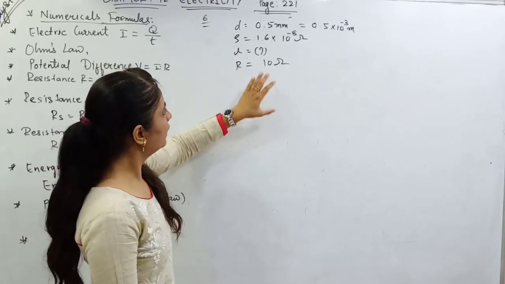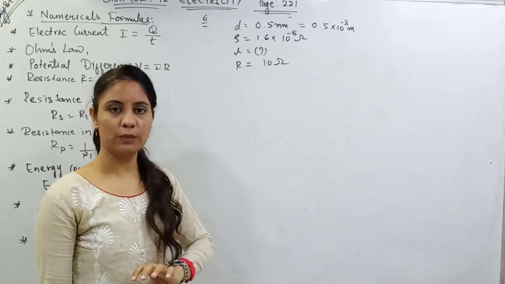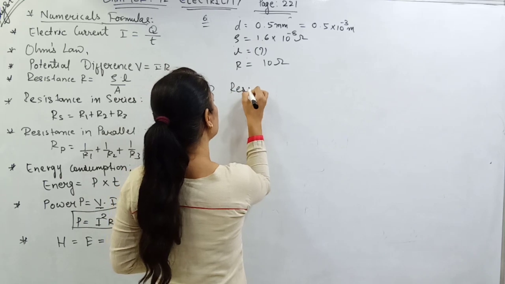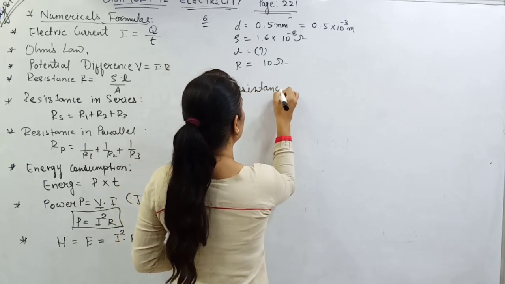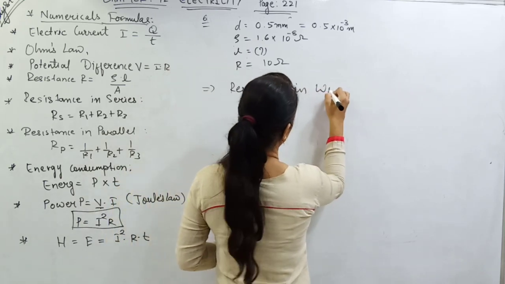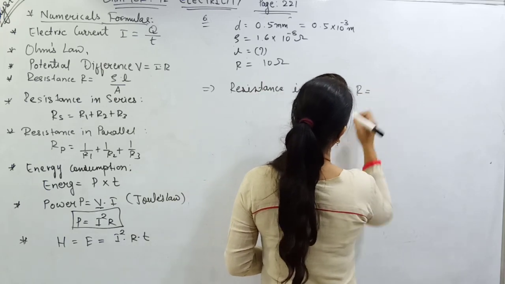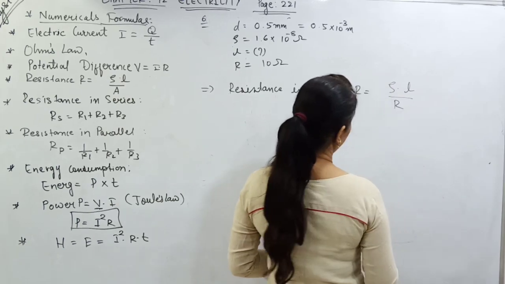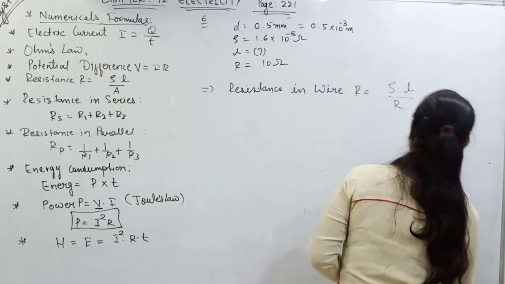Resistance value is 10 ohm, already given in the question. So we have to use the equation to find out the resistance in a wire. R is equal to rho into L divided by A, the area.